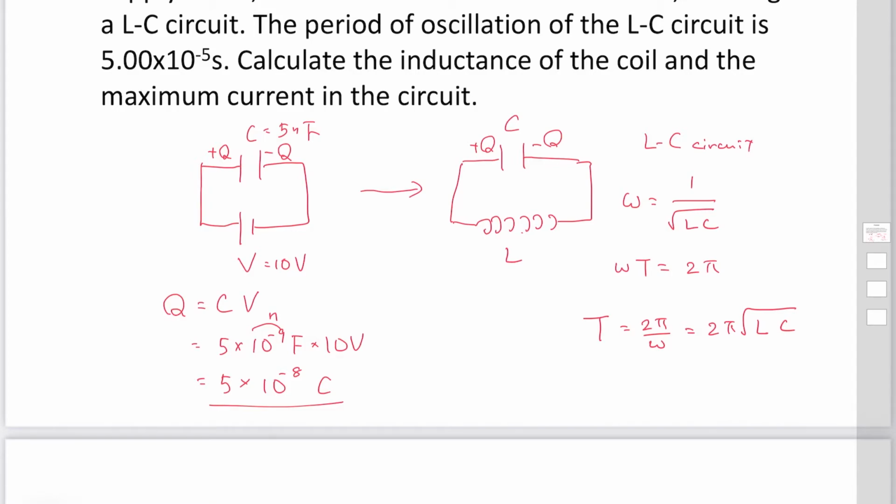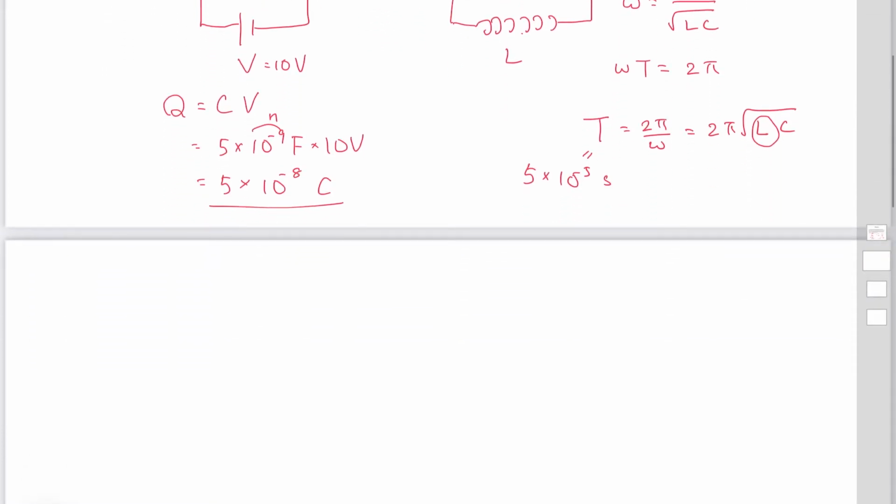Then we'd like to consider the LC circuit. The period of oscillation T is 5 times 10 to minus 5 seconds. So from this equation, we'd like to find L. Using this equation, T equals 2 pi square root of LC, you can express L as 1 over C times (T over 2 pi) squared.